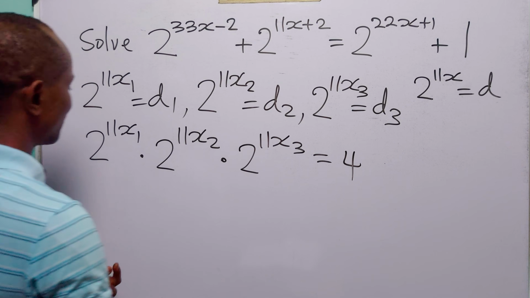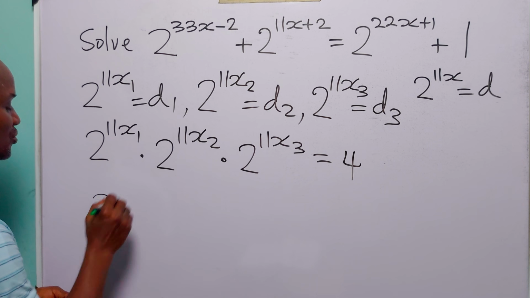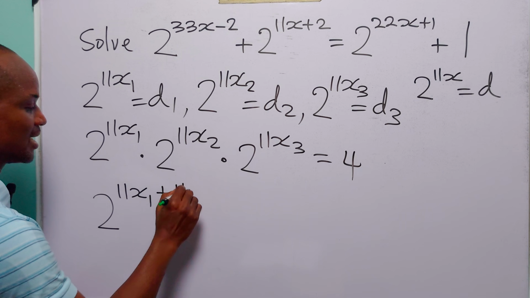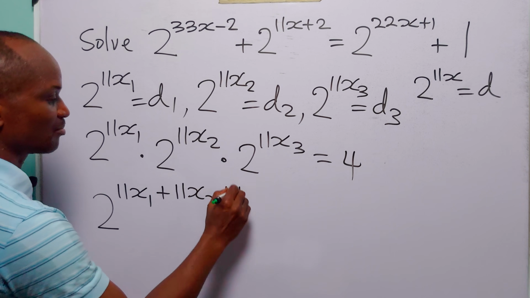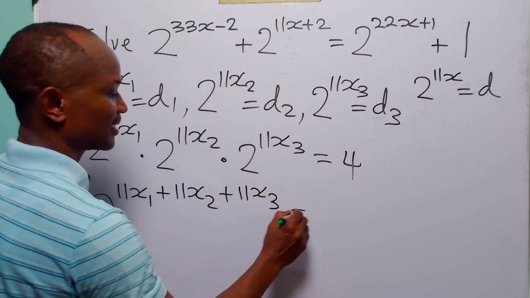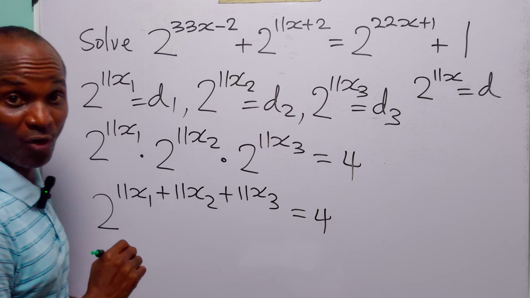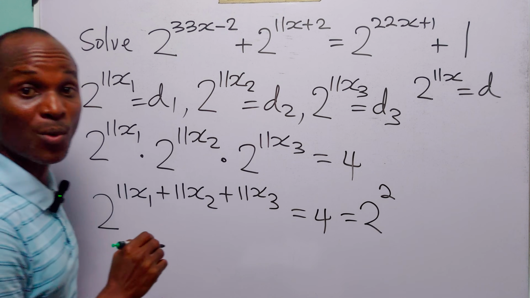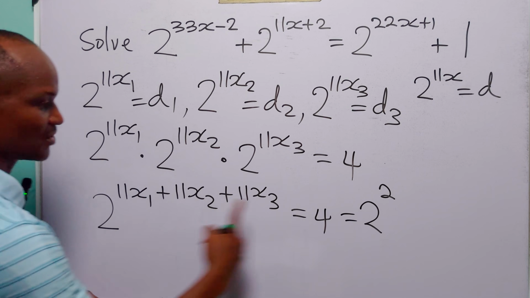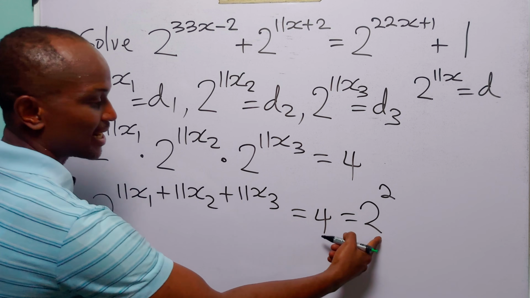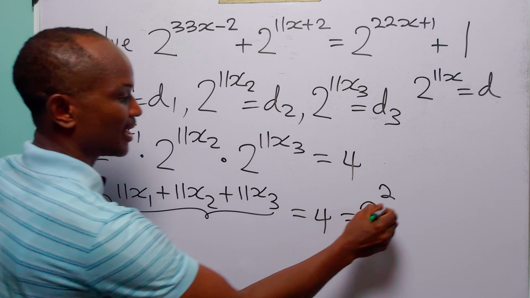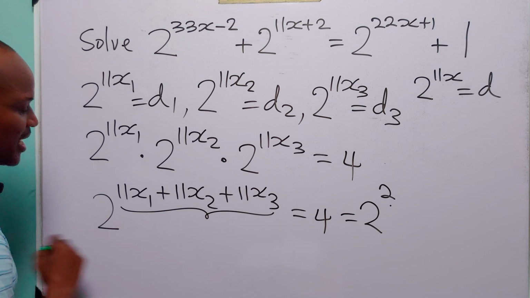So on the left-hand side of this equation, we have 2 to the power 11x1 plus 11x2 plus 11x3 is equal to 4. But you know that 4 is 2 squared. Now that we have the same base on both sides of this equation, we can go on to equate the exponents.